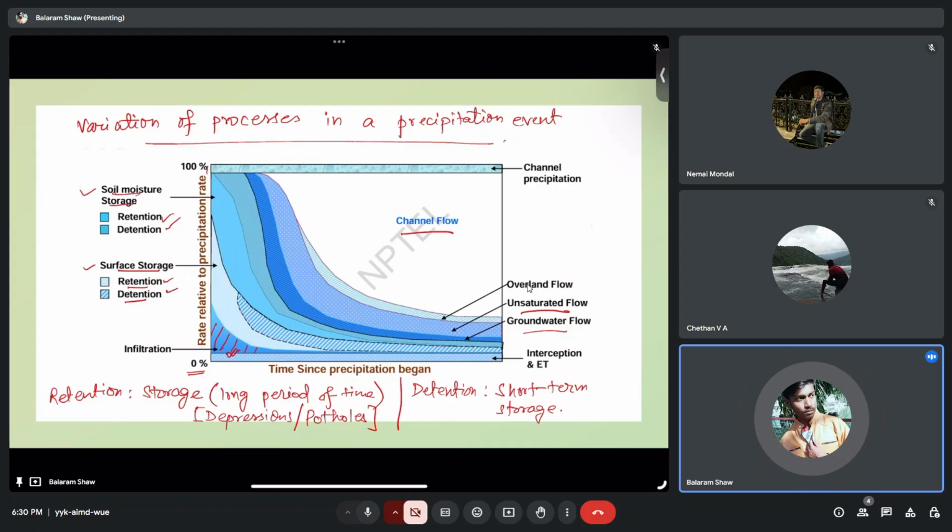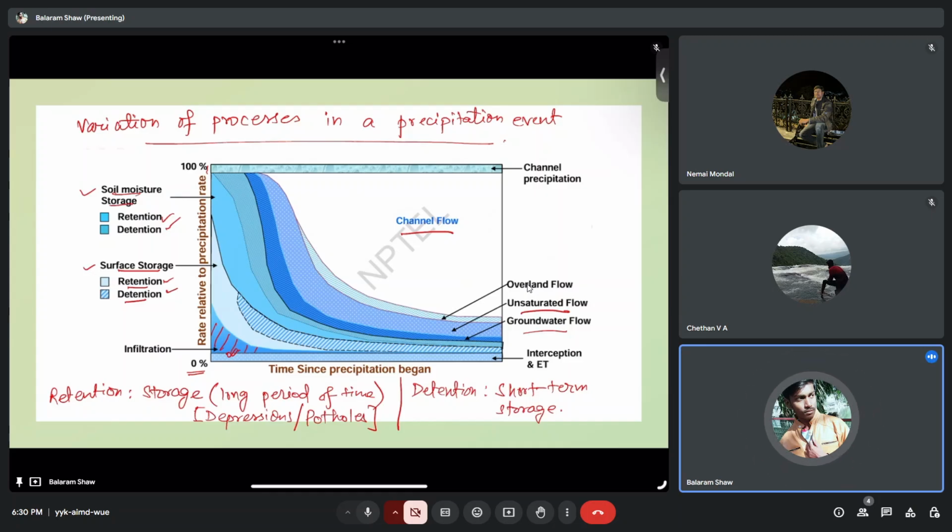That is called detention. Let's say some water is required to build the head for flow to start. For the flow to start taking place, there is some water which is required to build the head, and that is called here retention.